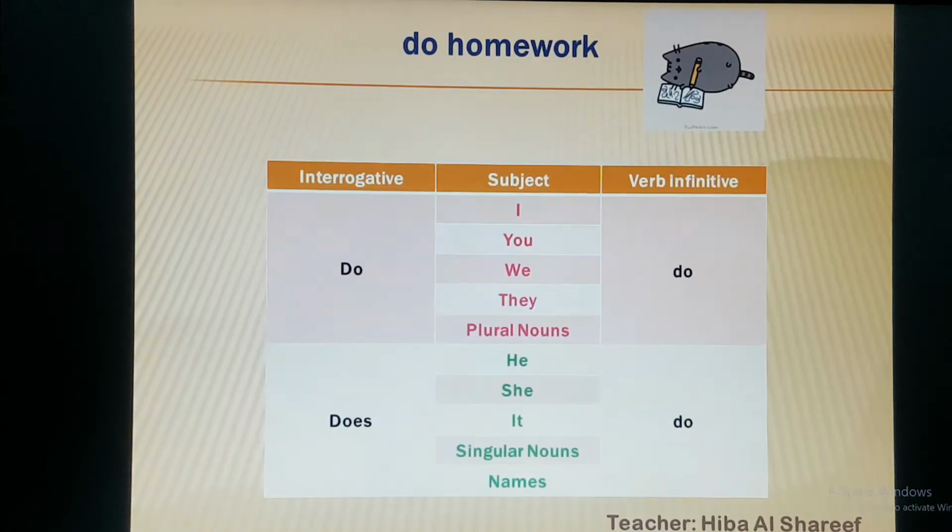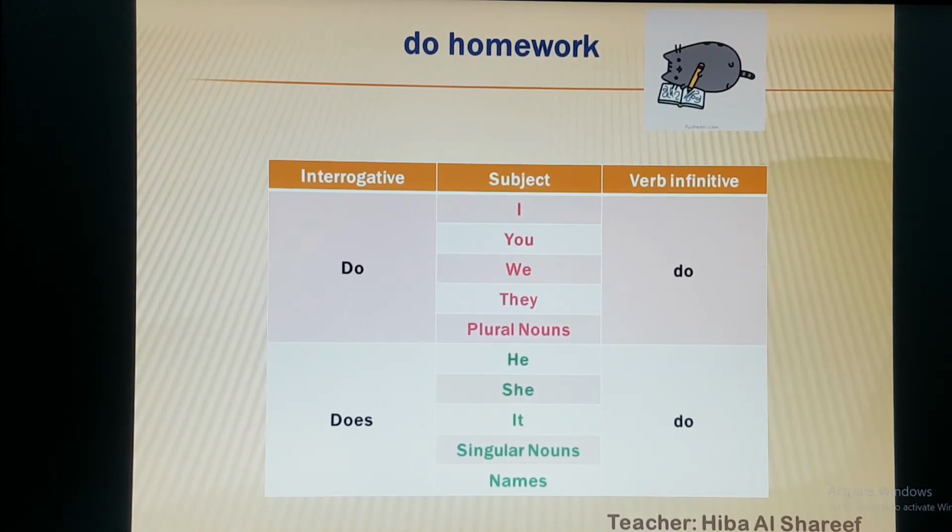As we said before, in the interrogative form of the sentence we started by do or does, then we have the subject, then we have verb infinitive. We use do or does according to the subject، نستخدم do أو does على حسب الفاعل.